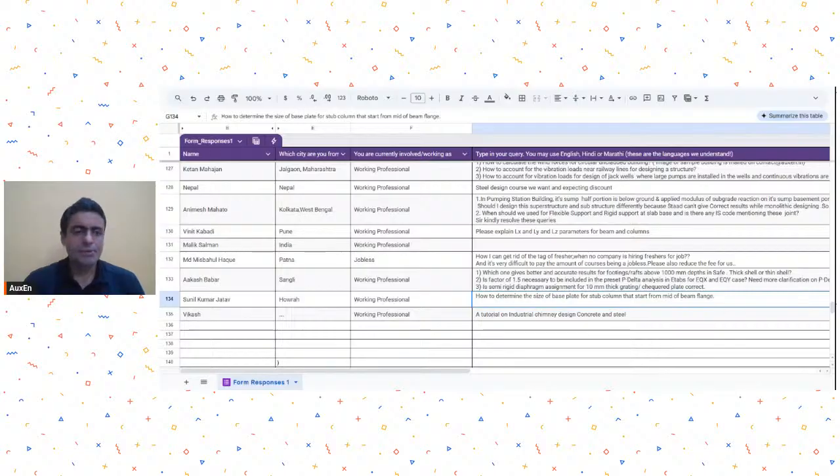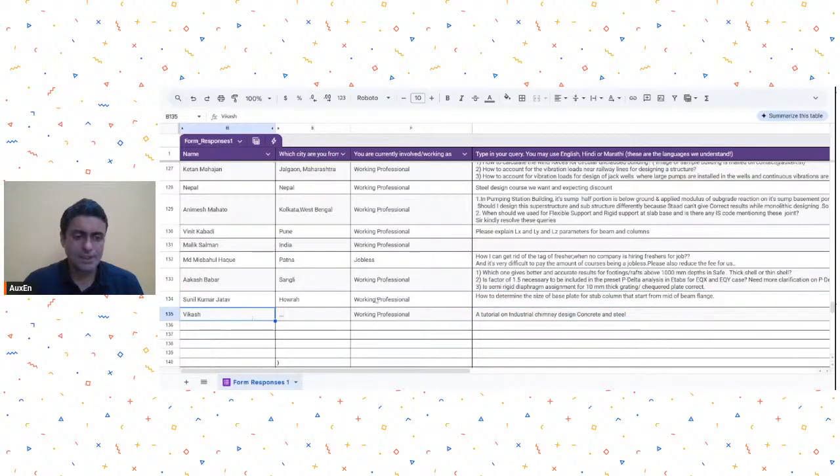The concept remains the same. You need the loads and moments acting on your column at the column base, and as per the column loads and moments, you will be able to find out the base plate size. So the basic concept of base plate calculation won't change. Okay. Yeah.